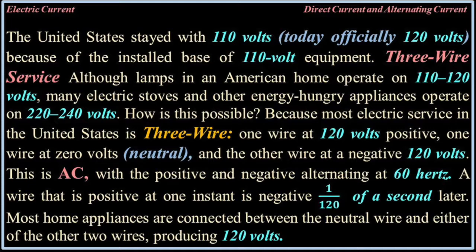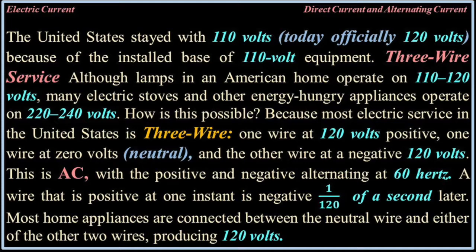One wire at 120 volts positive, one wire at 0 volts neutral, and the other wire at a negative 120 volts. This is AC, with the positive and negative alternating at 60 hertz. A wire that is positive at one instant is negative 1/120th of a second later.